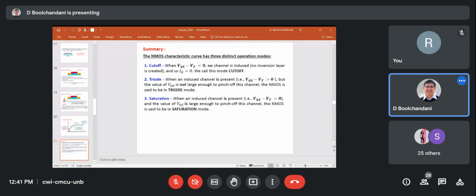So to summarize, when your VGS minus VT is less than zero, no channel is induced, no inversion layer is created, so drain current is zero. We call that the MOS transistor is in cutoff. Only when VGS minus VT is greater than 0, that means the gate to source voltage is greater than the threshold voltage, an induced channel is present. But the value of VDS is not enough to pinch off this channel, and the Nmos is said to be in triode mode, and the current in the triode mode is going to increase with the increase in VDS voltage.